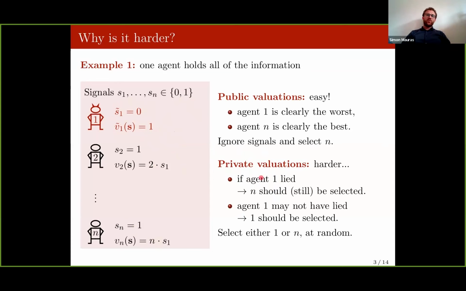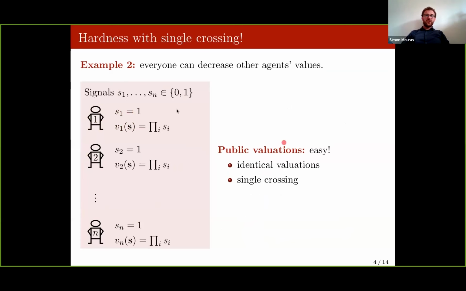Is it that agent 1 lied, in which case agent n should still be selected? Or is it that agent 1 didn't lie because that was the instance all along, in which case agent 1 should be selected? This is an extra challenge the mechanism has to face. In this situation, maybe we can select either 1 or n at random, which would give us a 2 approximation. But in fact, you can generalize this example to something much harder.